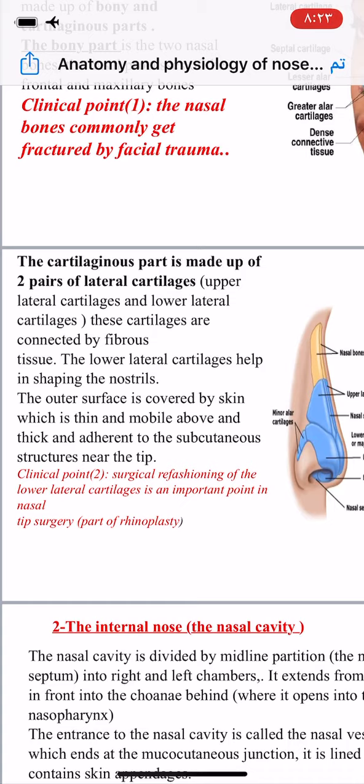The outer surface is covered by skin which is thin and mobile above and thick and adherent to subcutaneous tissue near the tip. A clinical point: the surgical refashioning of the lower lateral cartilage is important in rhinoplasty.